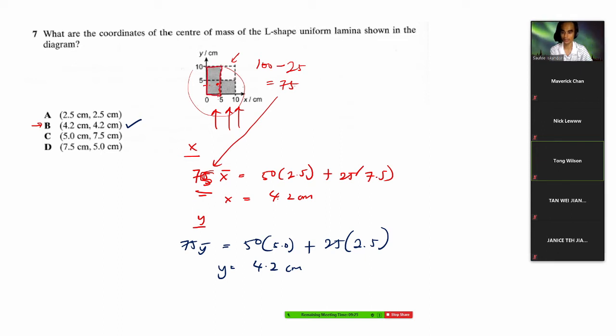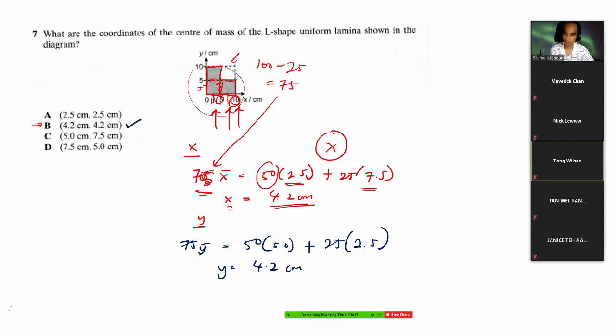This box is 50, 5 times 10 is 50, and the middle of it in x is 2.5, between 0 and 5. Plus another box over here, which is 25, 5 times 5, and the middle one is 7.5, the middle between 5 and 10. So divide everything, you have x equals 4.2 centimeter. This is for x.